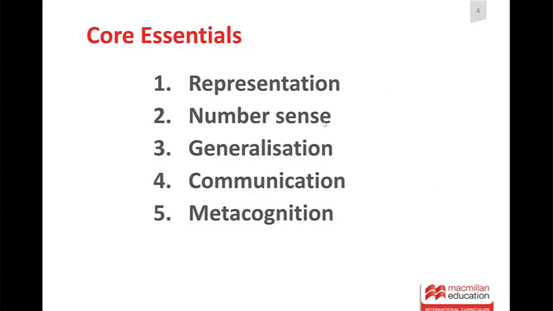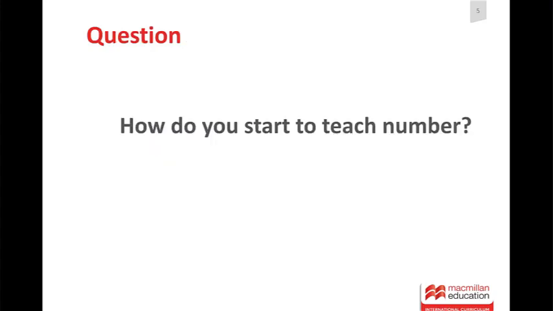Okay, so I'm going to move on. We looked at the 5 core essentials. In today's session, we are actually going to focus on just one part of the 5 core essentials, which is representation. And what does representation mean? Firstly, I want you to think about this question. We've got some time to give to you to ask questions as well. How do you start to teach number work in your school?